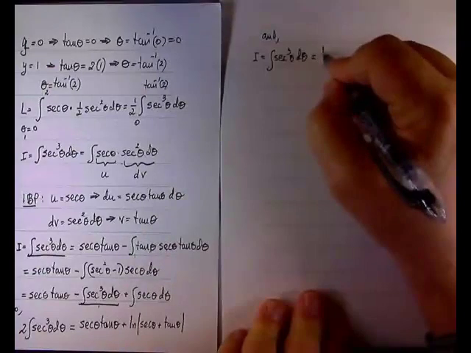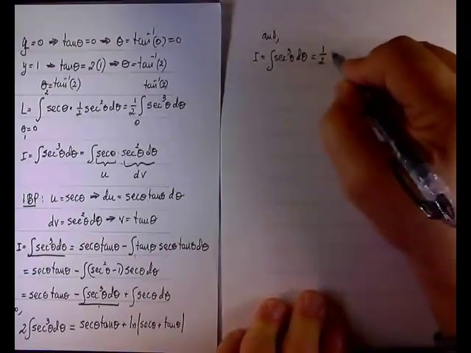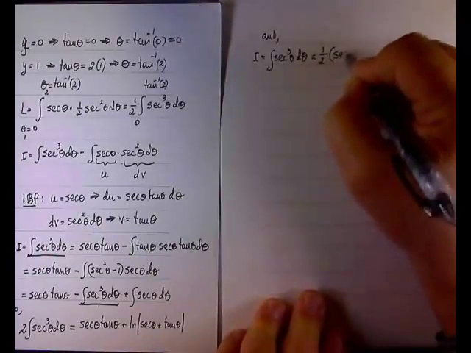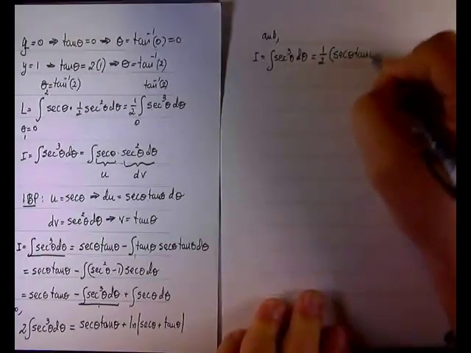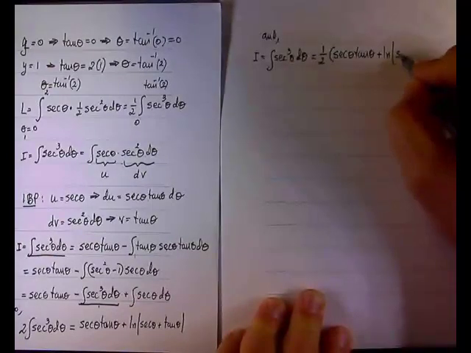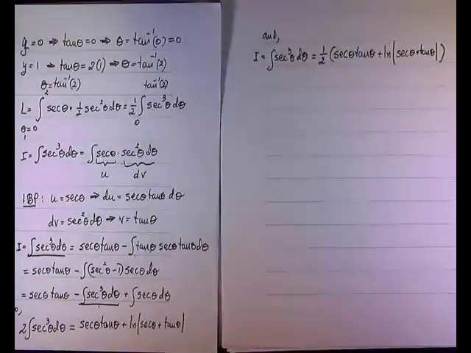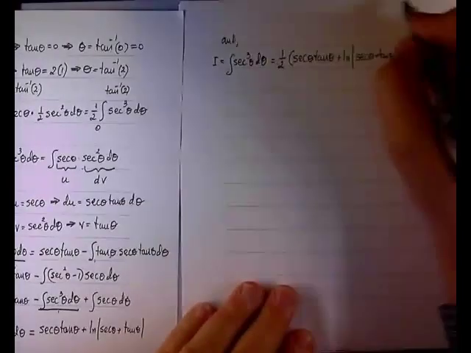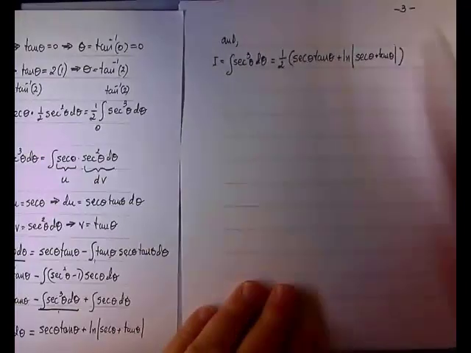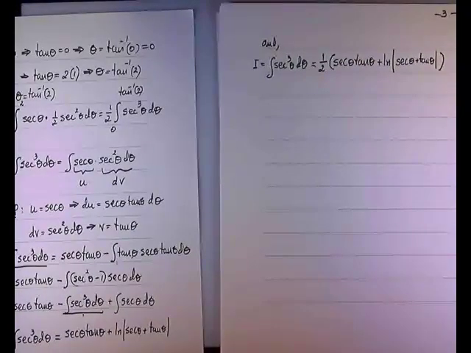Remember, I is the secant cubed integral, and it is 1/2 of this thing. It will be 1/2 of secant tangent plus the natural log of the absolute value of secant plus tangent. Like so. Are we good with page 2?